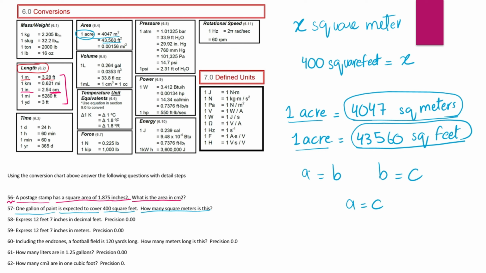For example, 4 is equal to 2 square, and b is basically 2 square, so 2 square is equal to 4. So 4 is equal to 4, right? That's the thing. So we are saying 1 acre is equal to 4047 square meters, and 1 acre is also equal to 43560 square feet.